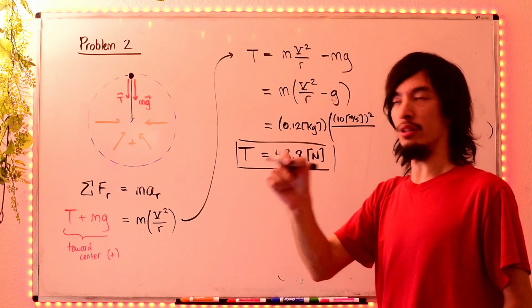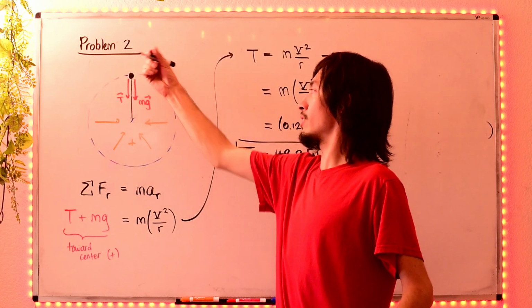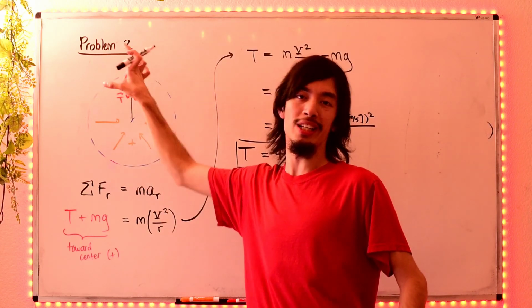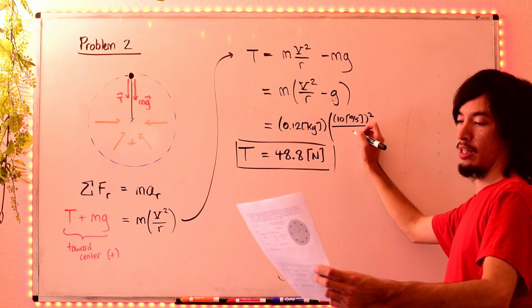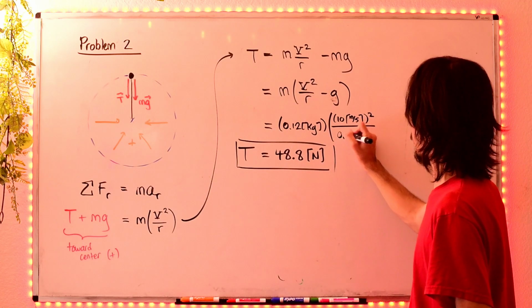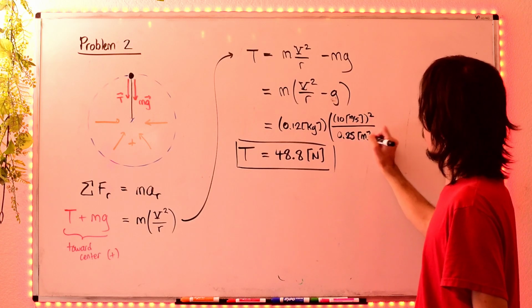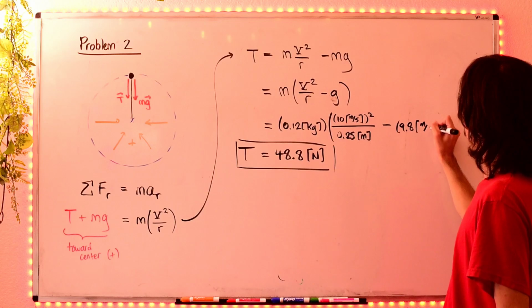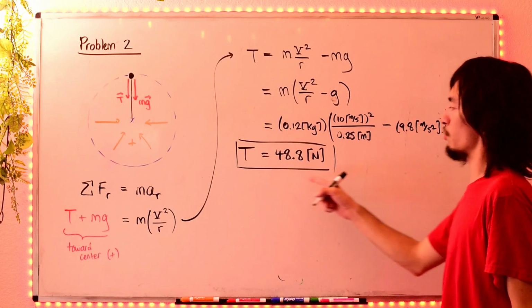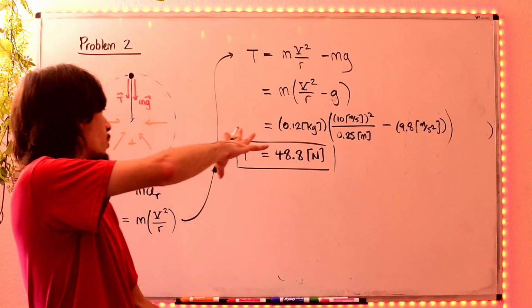You remember you're twirling the string around, so it's being swung in a circle. The string is the radius of the circle. So in this case, it would be 0.25 meters long. Then minus 9.8 meters per second squared. And this will yield your 48.8 there.